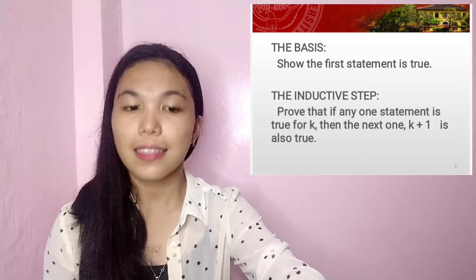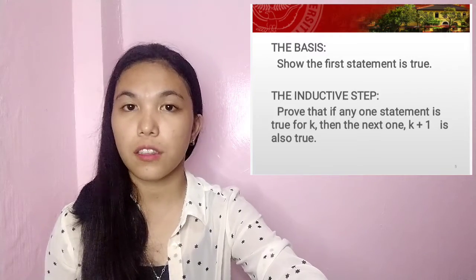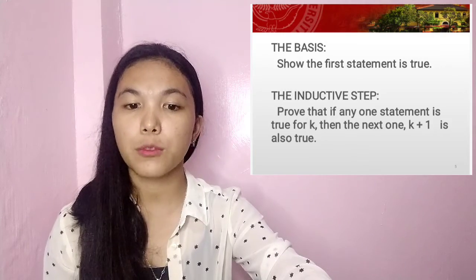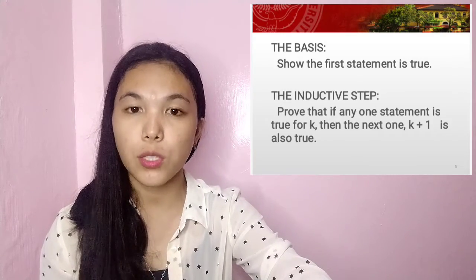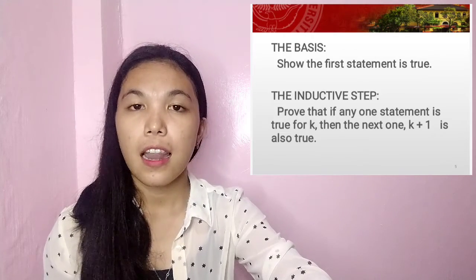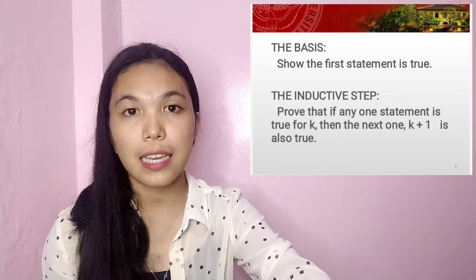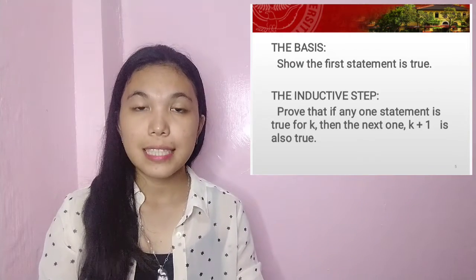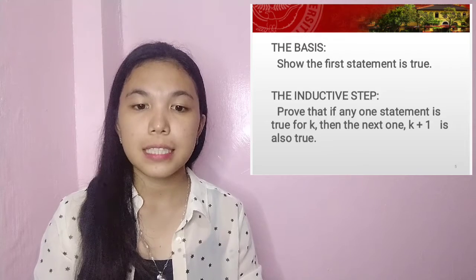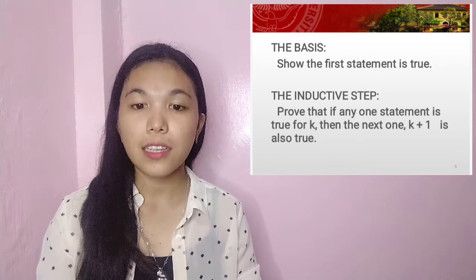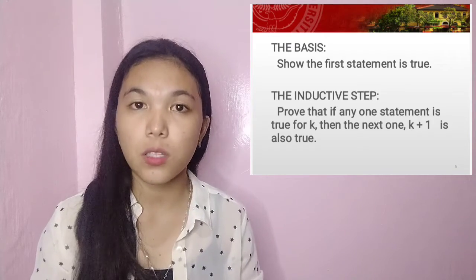So let us take the mathematical result in terms of n. In this step, I will let n equal 1, then making the left hand side equal to the right hand side. In the inductive step, prove that if any one statement is true for k, then the next one, k plus 1, is also true.